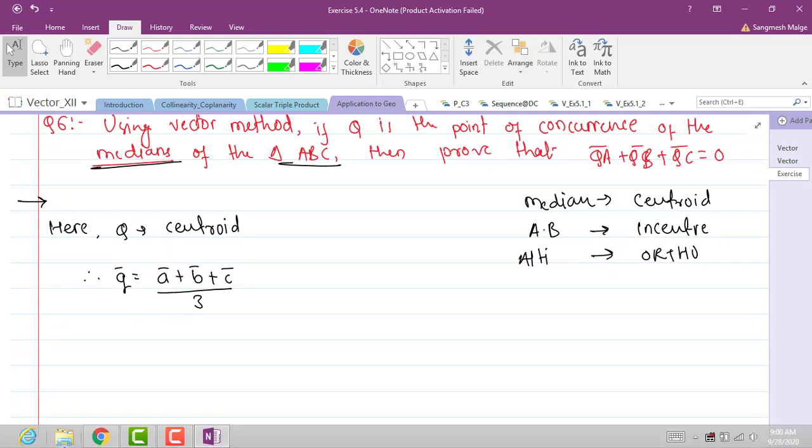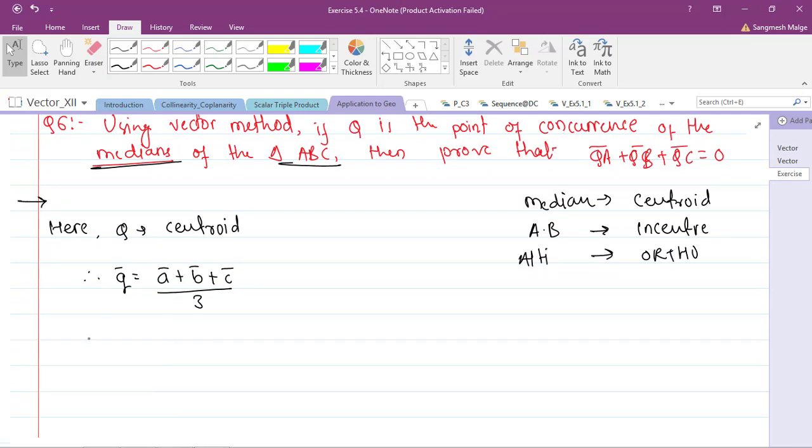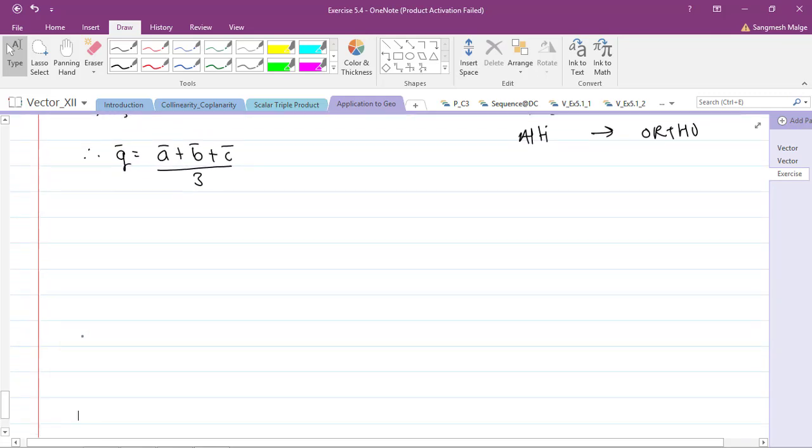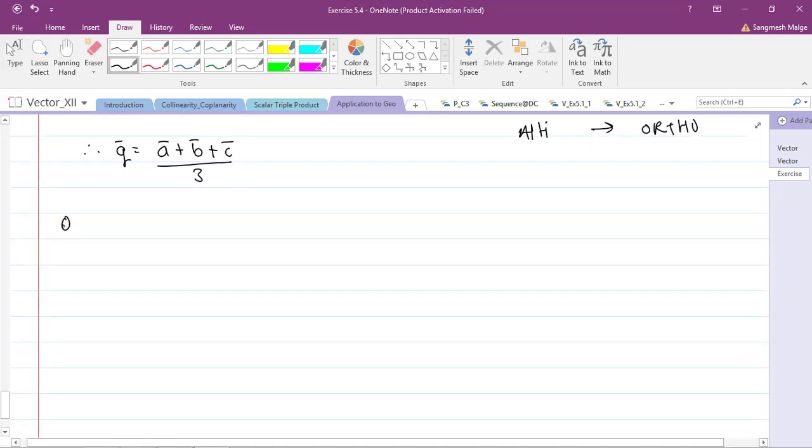QA bar, QB bar and QC bar is equals to 0. So let's have QA bar now first. So find out QA bar. QA bar is nothing but A bar minus Q bar, which is nothing but A bar minus, Q bar क्या है? A bar plus B bar plus C bar by 3.